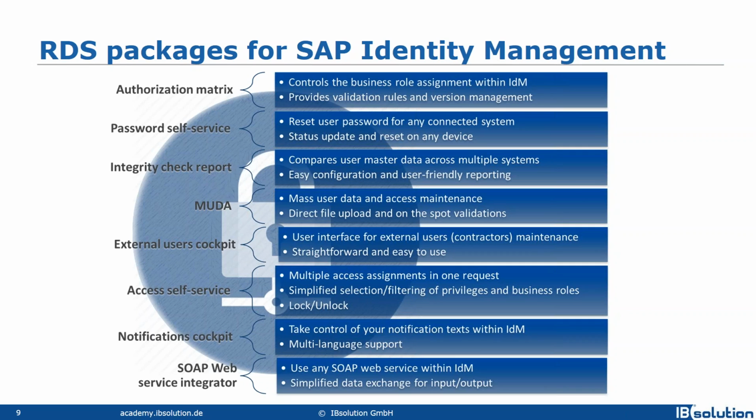The password self-service is one central user interface, or one central cockpit, where each user logs in with his password if he wants to change it. And automatically all the systems for which this user has access are provided in this user interface, and he can change his password for any of those systems or for all of them together.